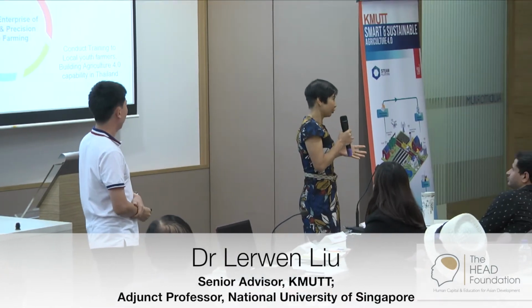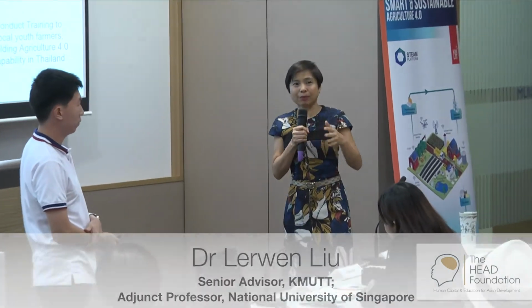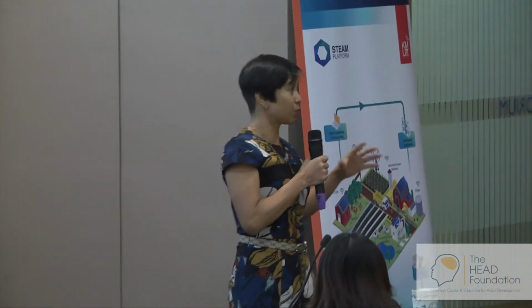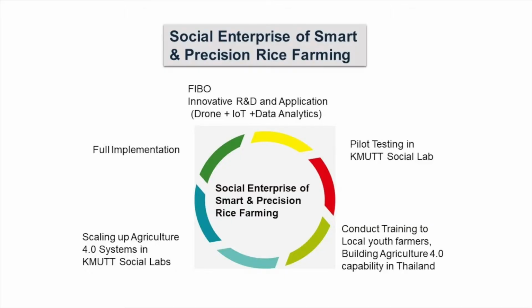In the short term, to actually capture the whole value chain will take time. FIBO, by the way, is the largest robotics institute in Thailand, and it specializes in agriculture. And in order to fully implement sustainable development, to empower the farmers and train the next generation of smart farmers, that takes time.